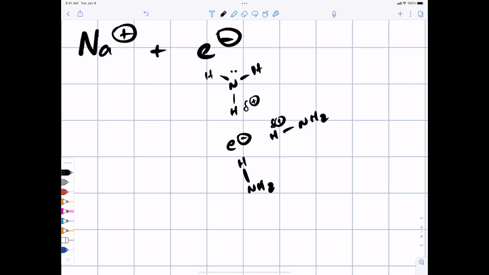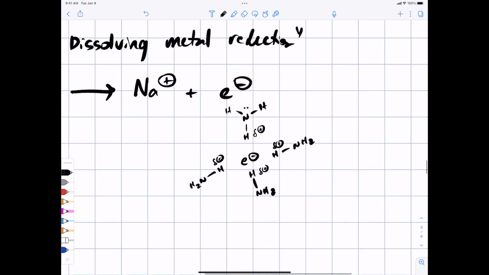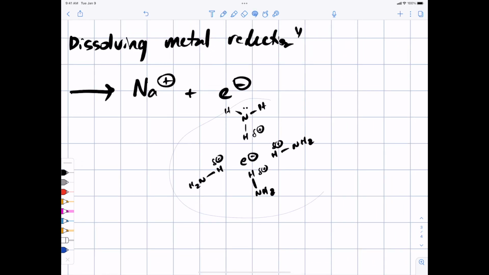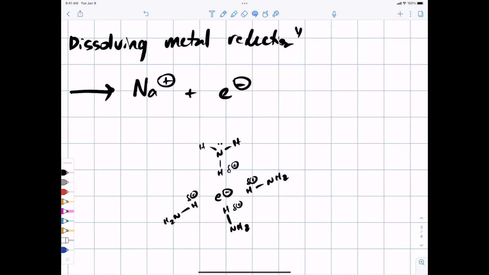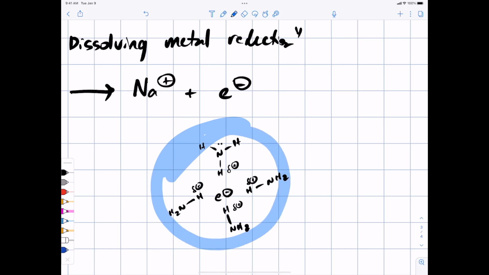People sometimes call this a solvated electron. You basically have one electron shared across multiple molecules of ammonia. So there's sort of a cage of ammonia molecules surrounding this electron. And it turns out that this has a characteristic color. I bet you didn't know that an electron dissolved in ammonia is blue.